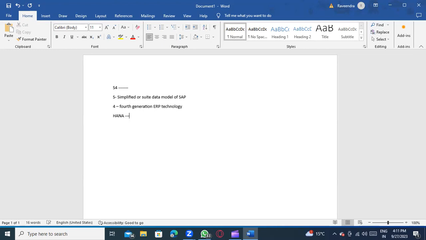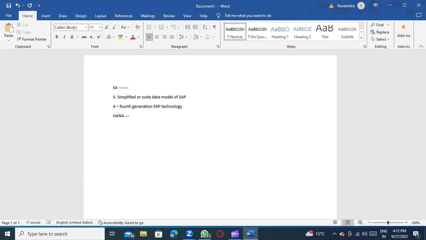HANA is built on an in-memory database platform, right? So what is the inbuilt memory? Earlier, if you are aware, ECC was connected with a third-party database, right? Now in S4 HANA, HANA is the HANA database.